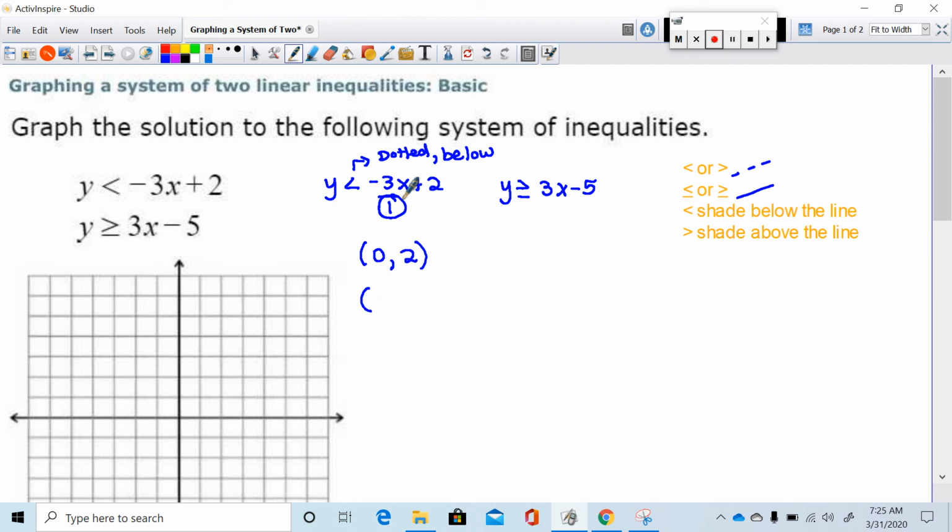That's why if it's not a fraction, just pop a 1 under the bottom. I use the denominator because the denominator scratches out the x, and then you do what's left. So negative 3 plus 2 is negative 1. So my 2 points are 0, 2, and you only need 2 points to make a line. And 1, negative 1. And I said I'm going to use a dotted line for that one.